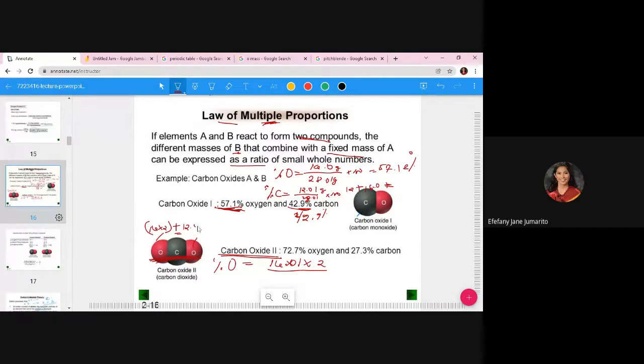That is 44.01 grams. So we divide by 44.01 grams times 100. So percent oxygen is 72.7%. What about percent carbon? It is the same thing, 12 divided by 44.01. So that is 27.3%.